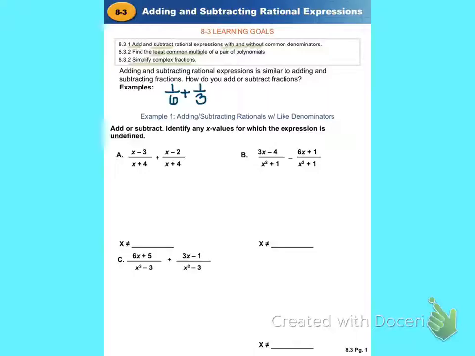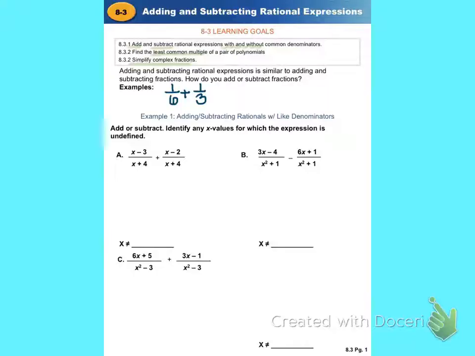So what we do is we look for the smallest number that 6 and 3 will divide into evenly. And we actually call that the least common multiple of the denominators. We want to find the smallest number that these two divide into, because we don't want to get any bigger denominator than we need to.